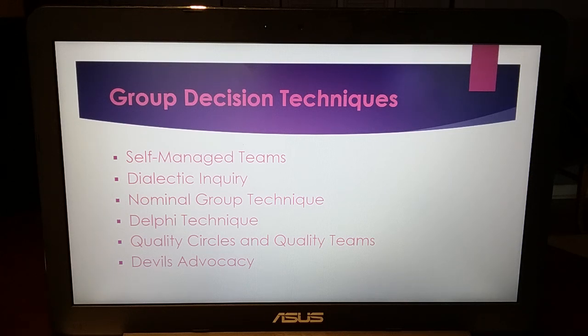And then quality teams are teams that are part of the organization structure, and they're empowered to act on decisions regarding product and service quality. So quality circles and quality teams are very important, and the level of activity they have might change. And then devil's advocacy, of course, is this idea of someone always playing the other role, coming up with the other idea.